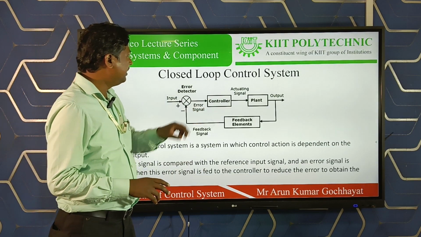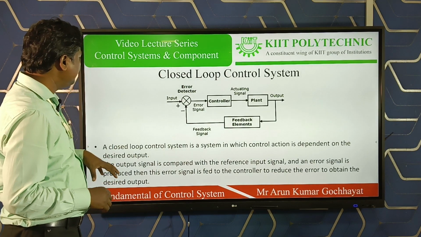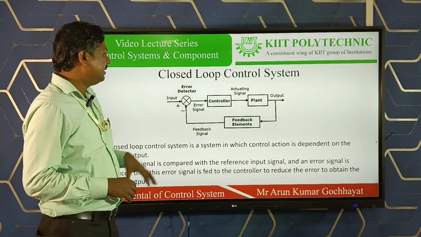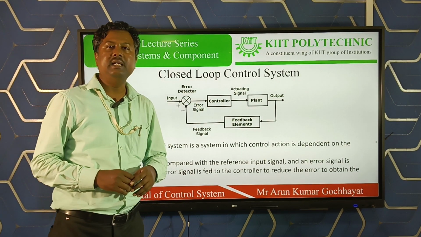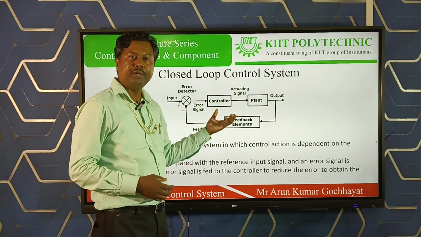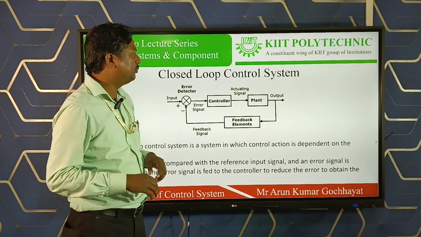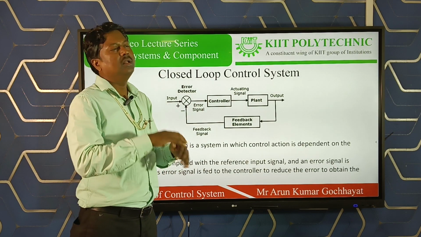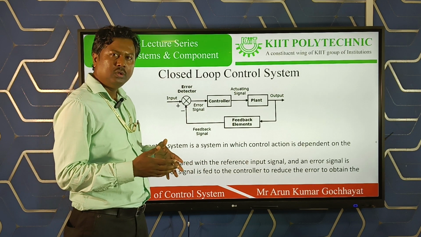Next is the closed loop control system. As I have told you, this is a kind of control system where the control action done by the controller depends upon the desired output. Suppose you are operating this system and the plant needs to provide a certain output by any means. If the output is not coming as per your requirement, what do you need to do?